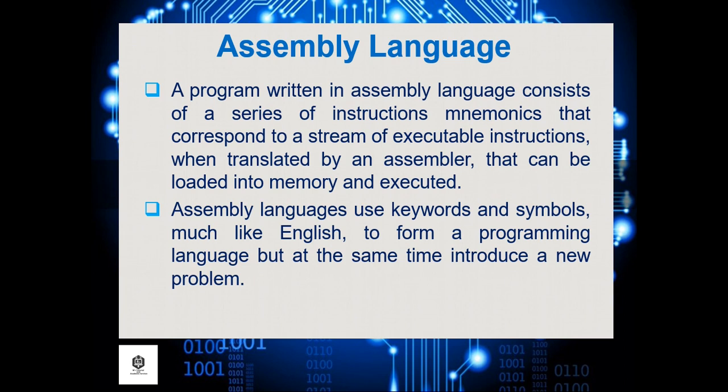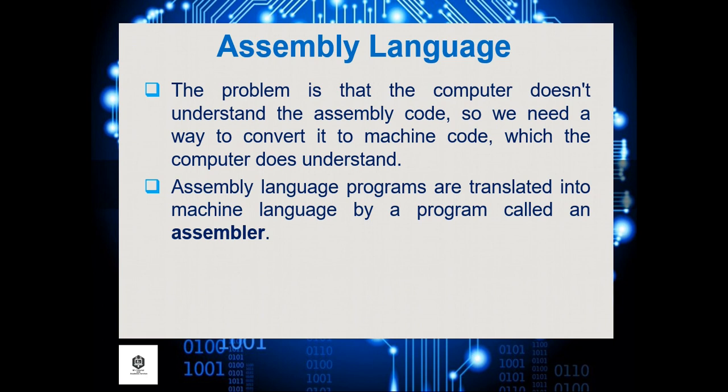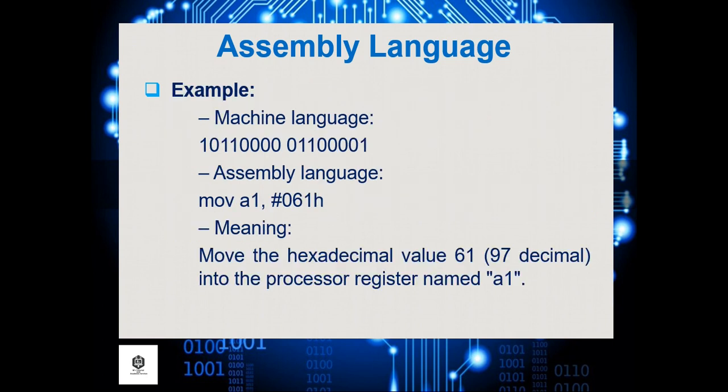Assembly language uses keywords and symbols, much like English, to form a programming language, but at the same time introduces a new problem. The problem is that the computer doesn't understand the assembly code, so we need a way to convert it to machine code, which the computer does understand. Assembly language programs are translated into machine language by a program called an assembler.